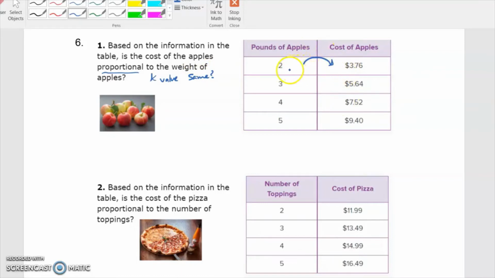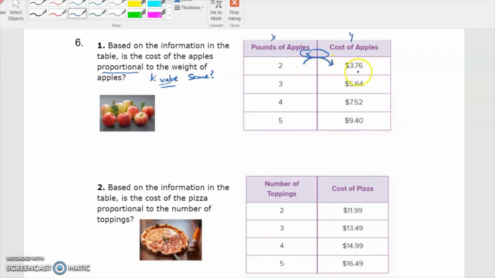So how can I figure out what I multiply by to go from 2 to 3.76? Well, that's not obvious, right? It's not a whole number, because we have a decimal here. So to work backwards, we have to divide. Let's take our y value divided by our x value and see what we are multiplying by each time. That'll tell us what our k-value is.